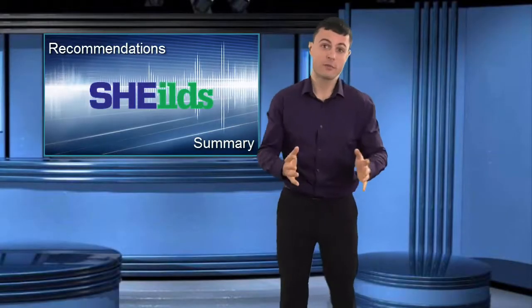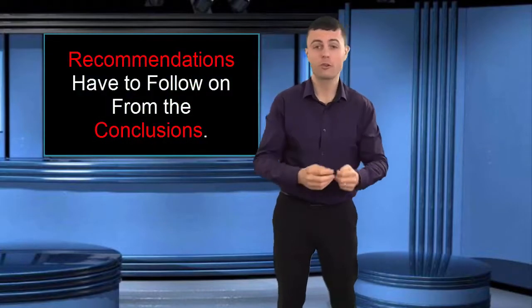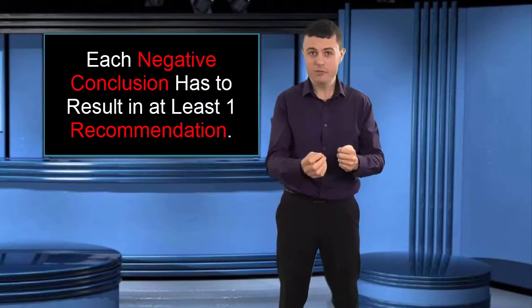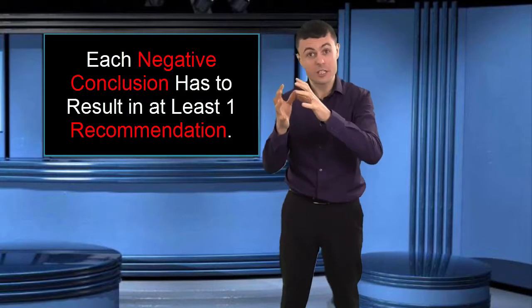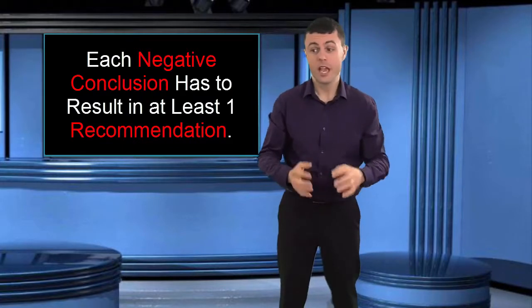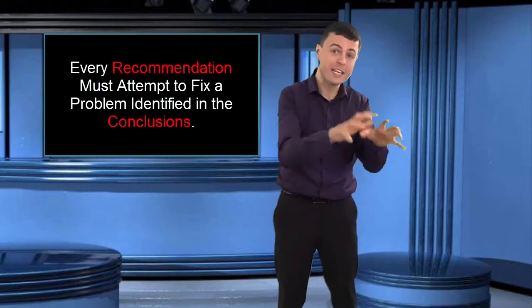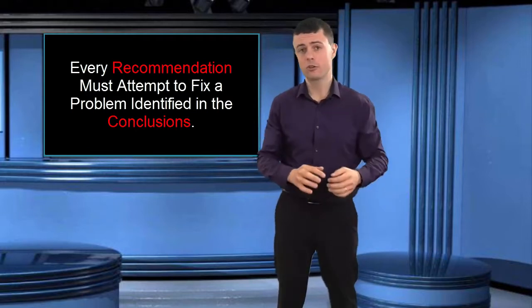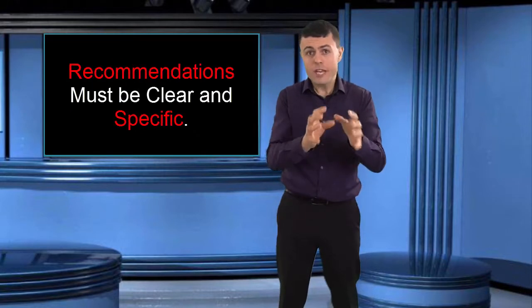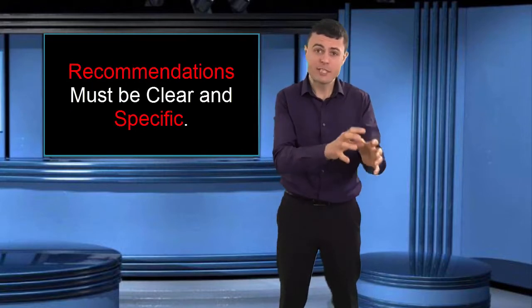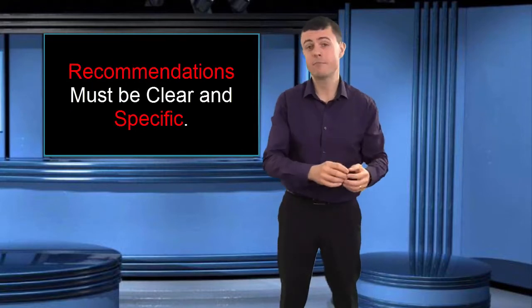To summarise the recommendations, they have to follow on from the conclusions. Each negative conclusion has to result in at least one recommendation, and every recommendation must attempt to fix a problem that you identified and summarised in the conclusions. The recommendations must be written clearly and specifically to help the person who has to implement them.